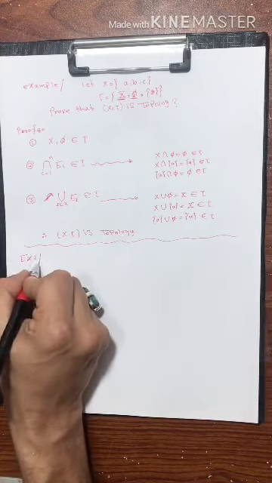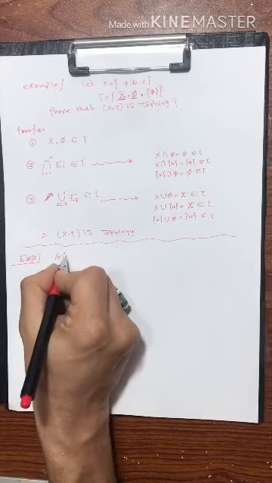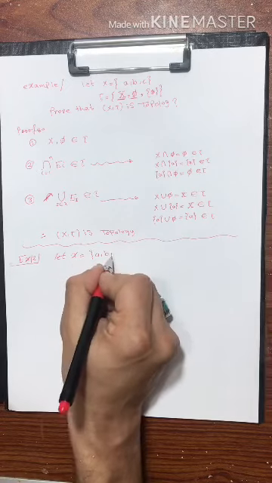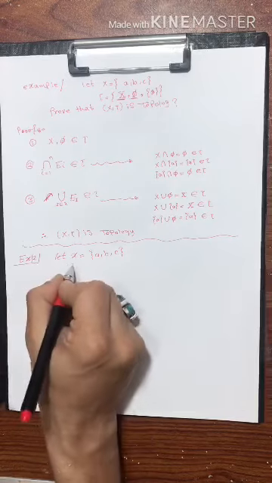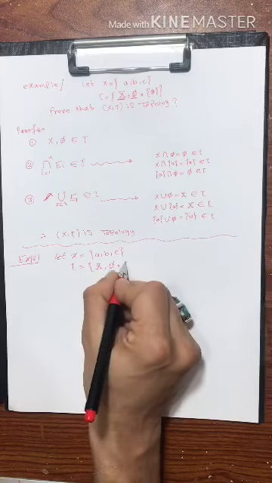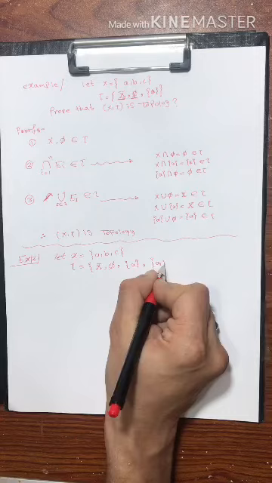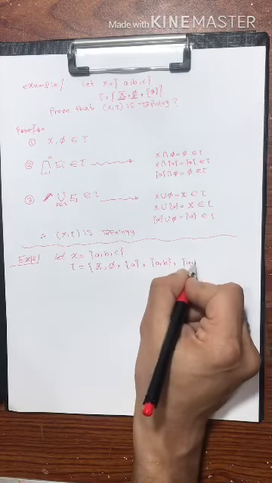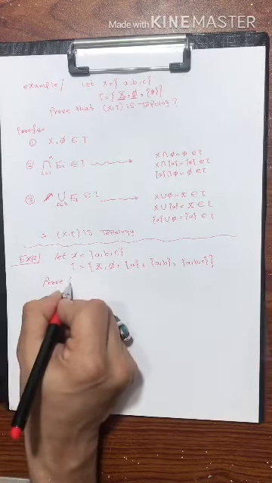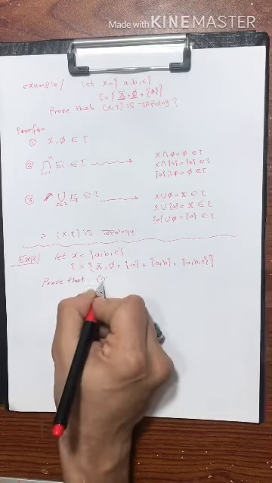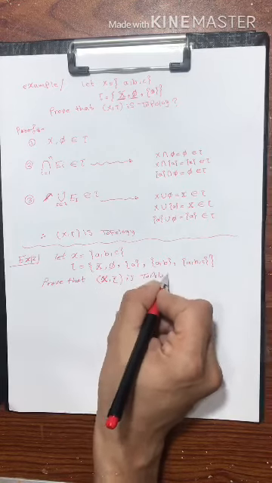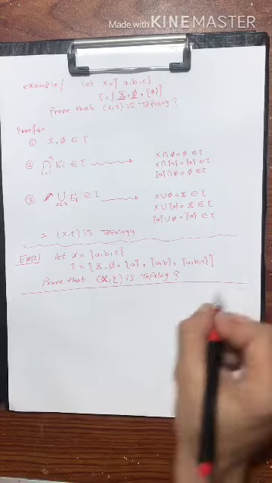Example 2. Let X be {A, B, C} and let tau contain X, phi, subset A, subset AB and subset ABC. Prove that (X, tau) is a topology.